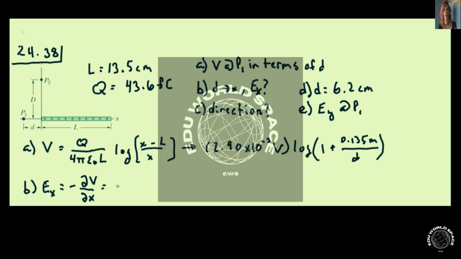And so this will be negative q over 4 pi epsilon naught x times x minus L. And then again, putting our numbers in, because we'll need this momentarily.